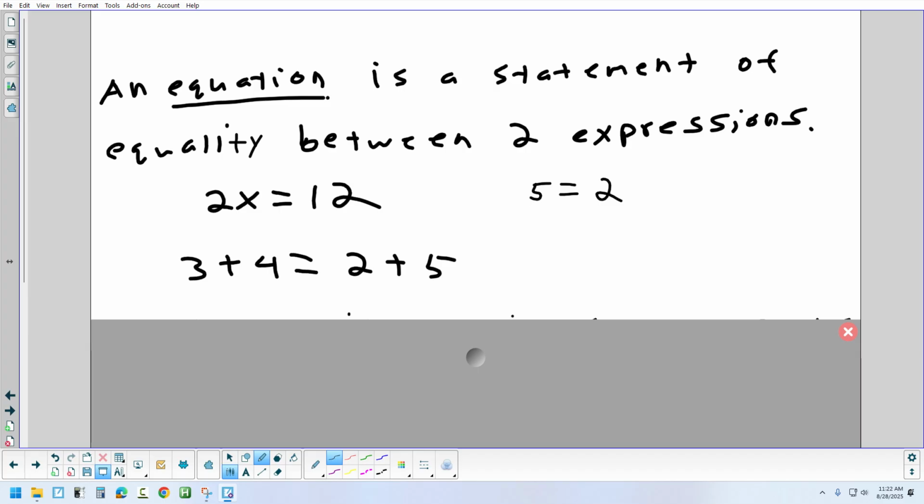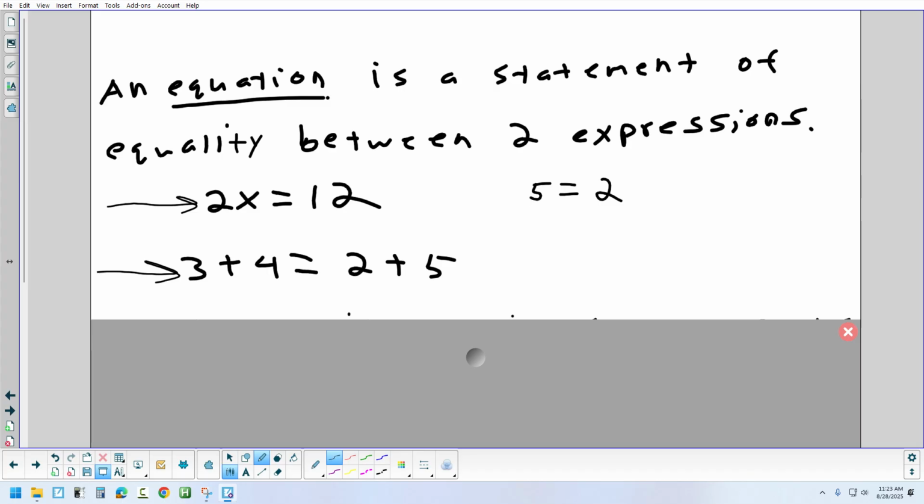All of them. The top one is what we call a conditional equation, because if you pick the right value, if you have the right condition for x, it will be true. The bottom one, well, if you simplify it, what does the bottom one basically say? 7 equals 7.